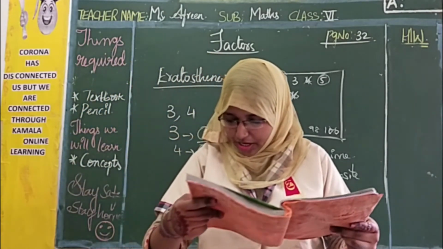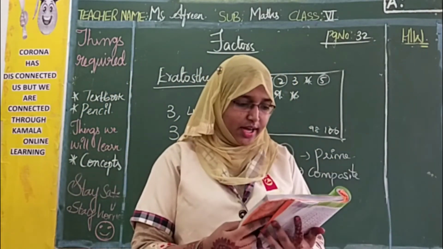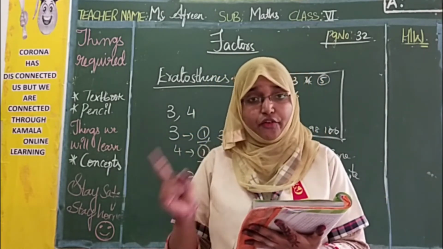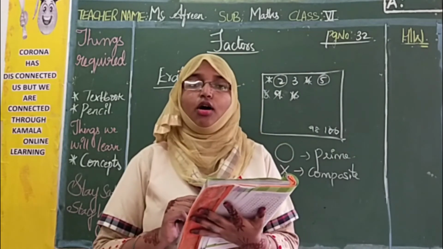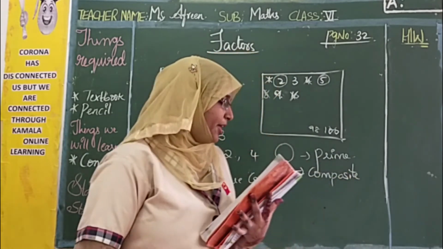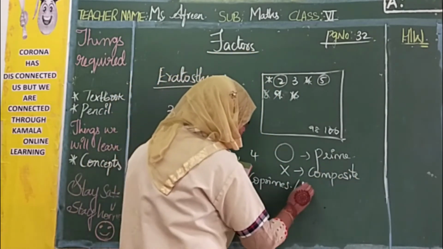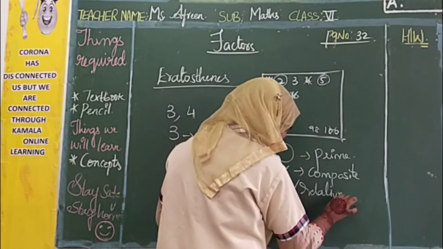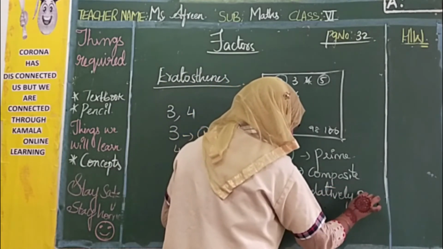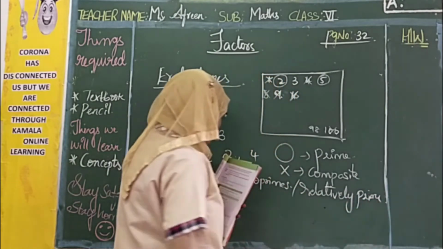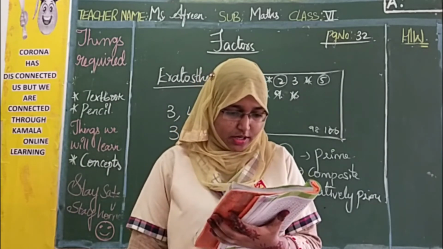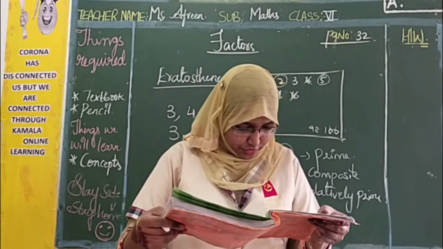See here, they have given the definition on page number 35. The numbers which have only 1 as the common factor are called co-primes or relative primes. Co-primes are also called relatively prime. Here they have given the example of 3 and 8.